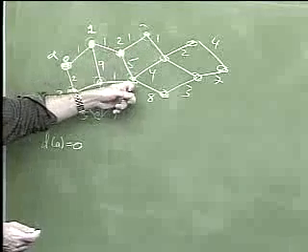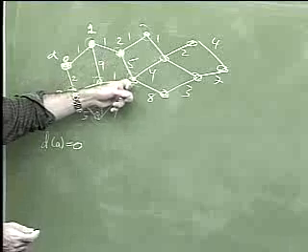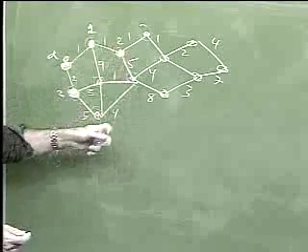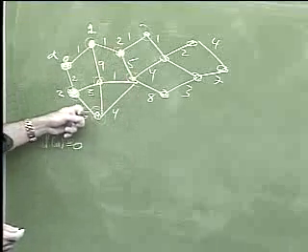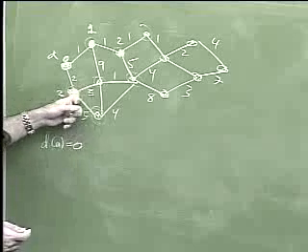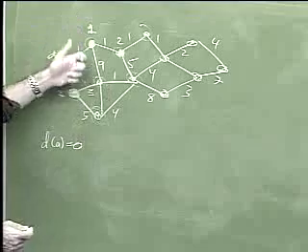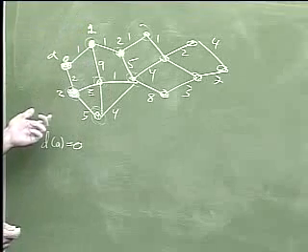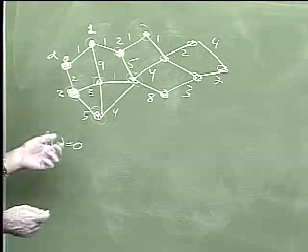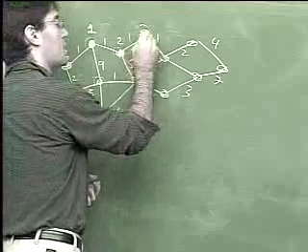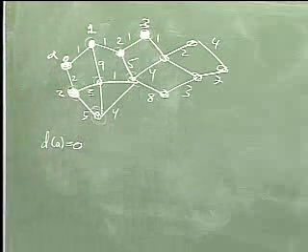This one has distance 7, 2 plus 5. This one has distance 7, 2 plus 5. This one has distance 5, 2 plus 3, or 10, 1 plus 9. So the minimum was 3, and this node gets added next with distance 3.